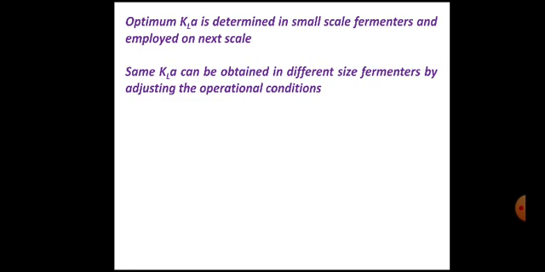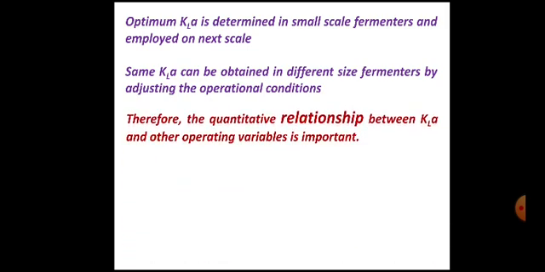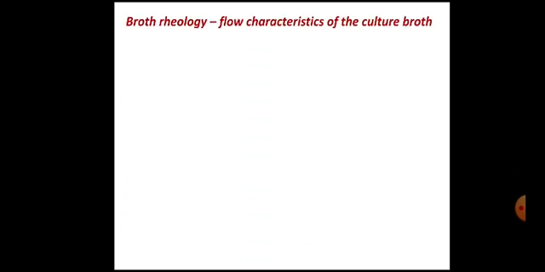So the same KLA can be obtained in different size fermenters. This is very important, by adjusting the operational conditions. The quantitative relationship between KLA and other operating variables is very important for calculating the values of the process variables required to obtain the same KLA.